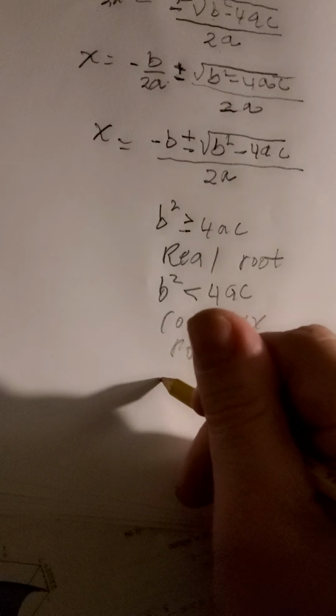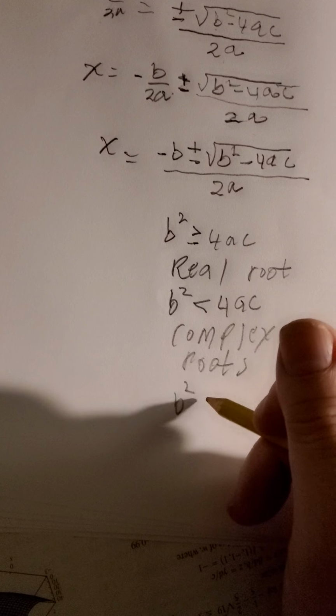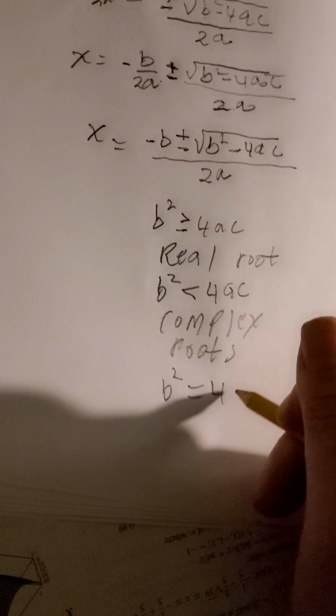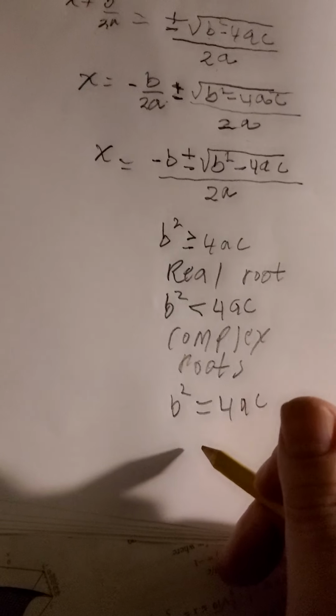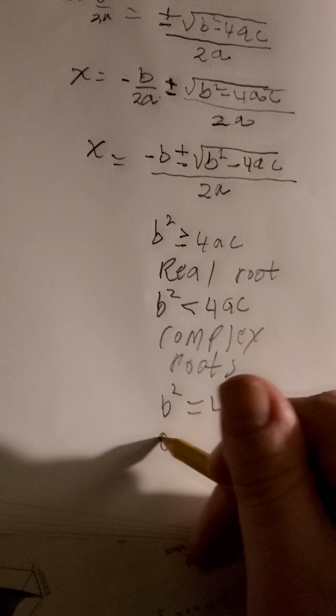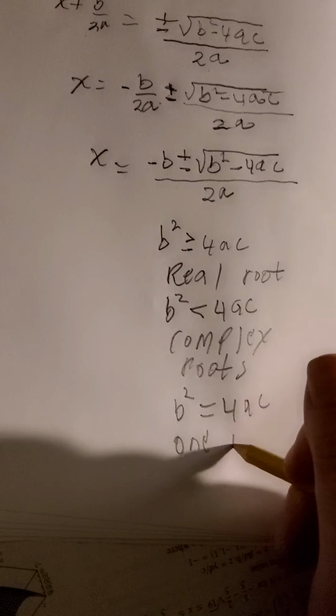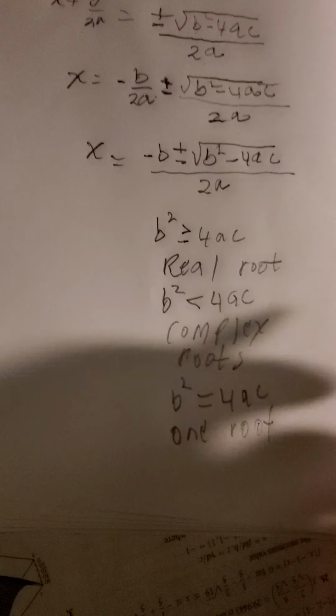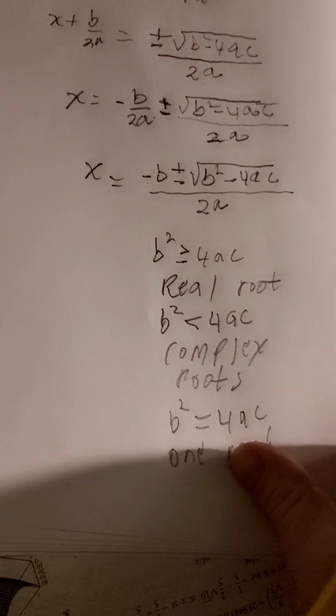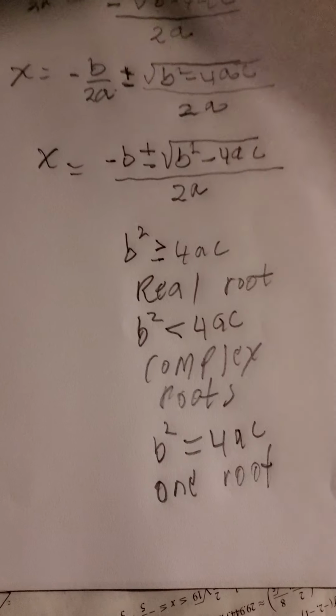If b squared equals 4ac, then you will have only one root. Okay, those are the rules right there. All right, so with that in mind, I'm going to write the equation again.